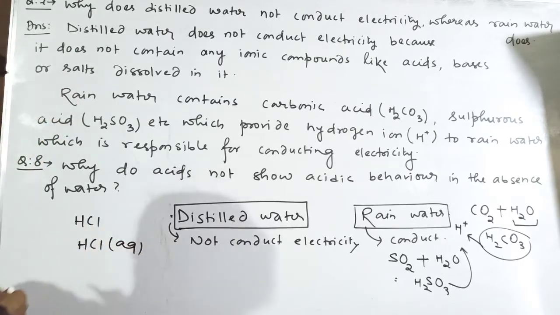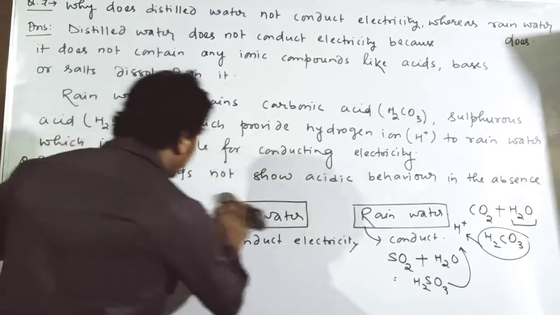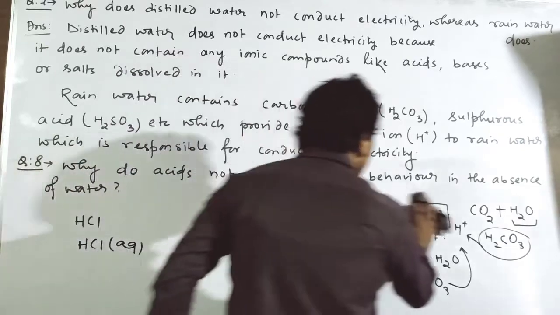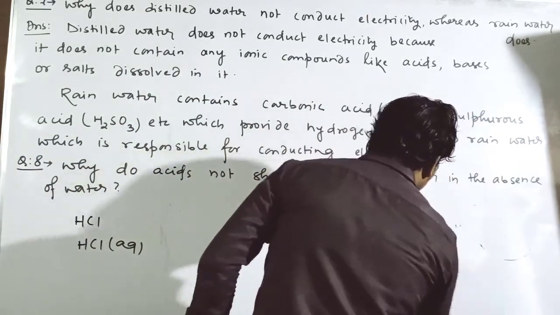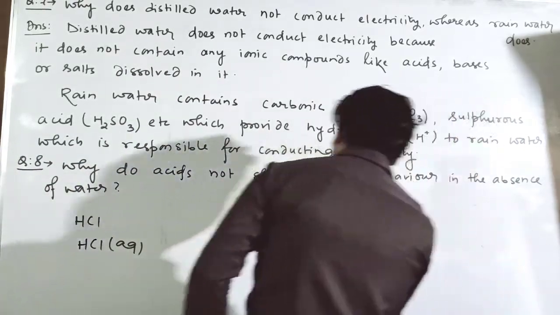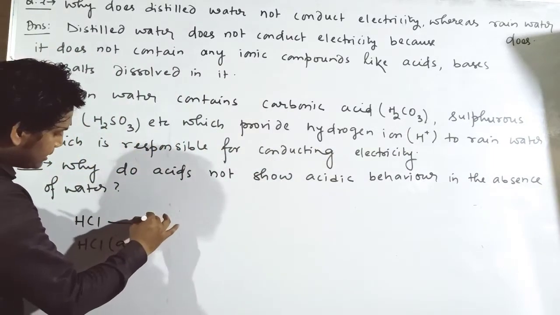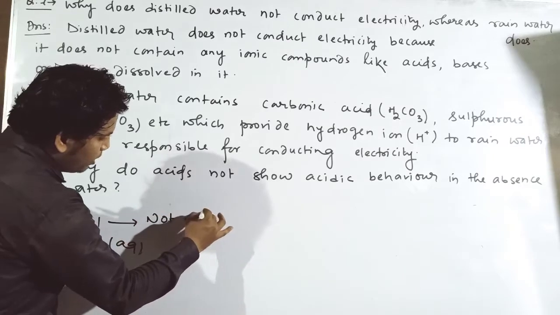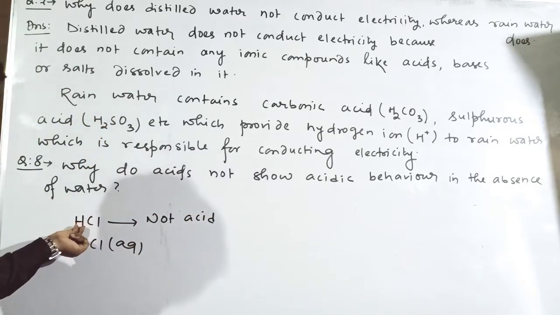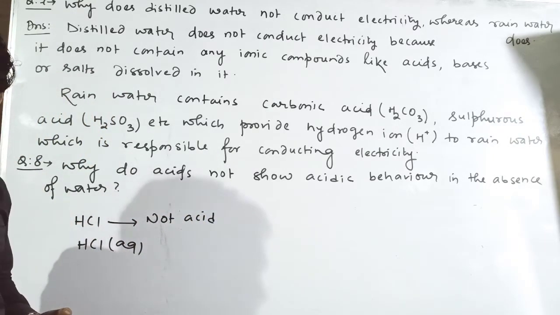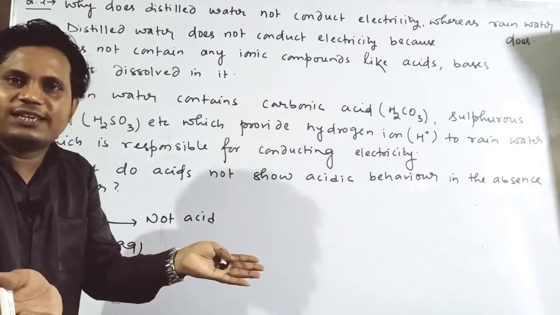Now these both are different. In these two, one is acid but the other is not acid. HCl is not acid. Why? Because it will not provide H plus ions. It will not break up by itself.